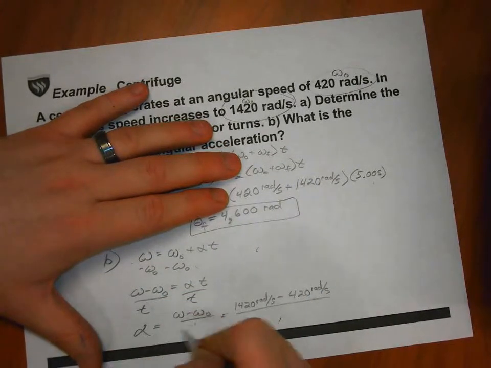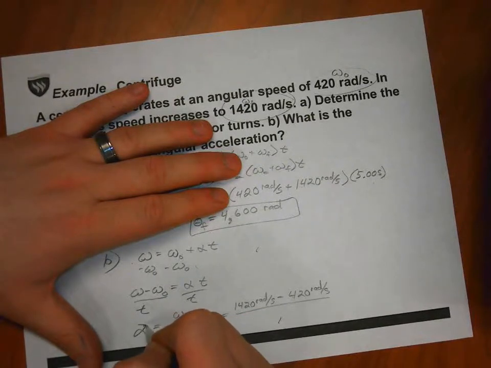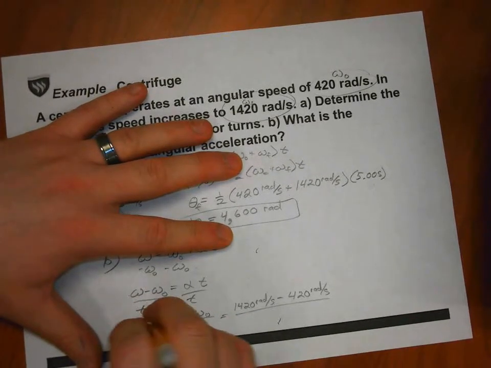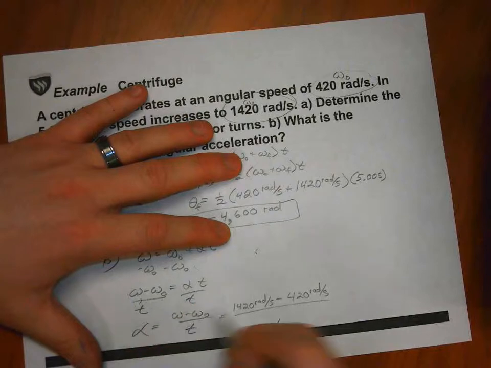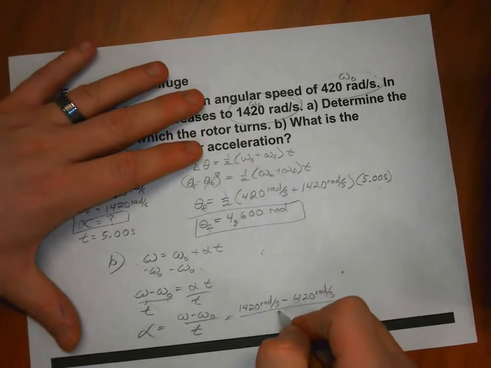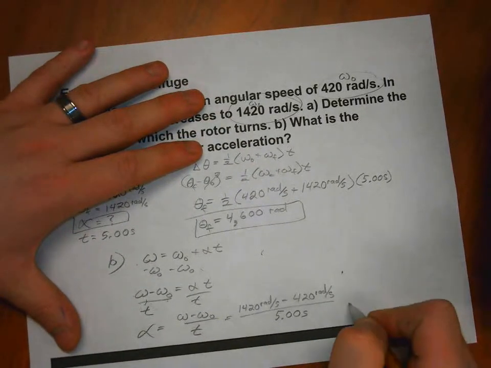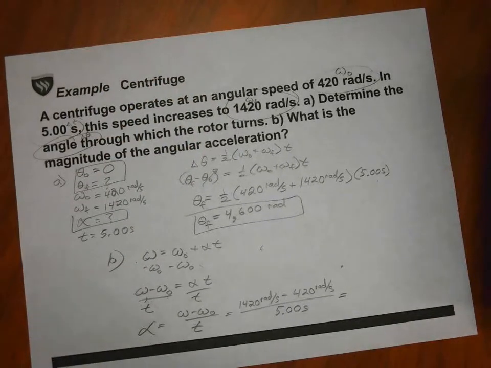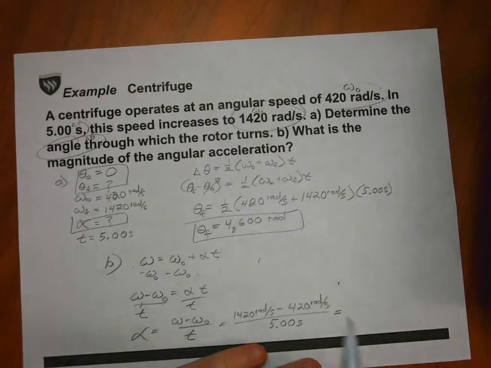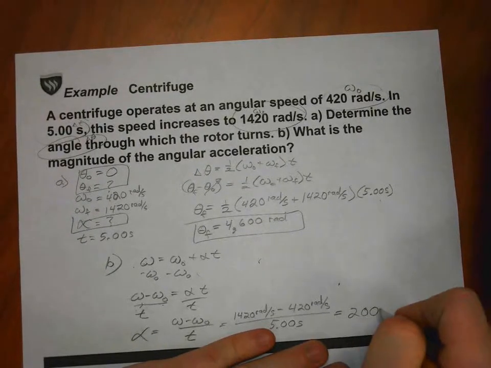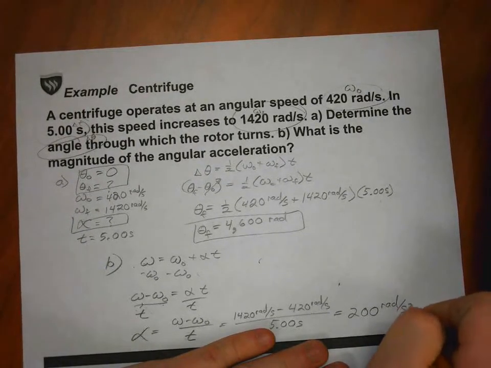Over t. So alpha is what we're solving for, and t is in the denominator. Okay, so subtract these two. It's going to be 1,000 over 5, and your result is 200 radians per second squared.